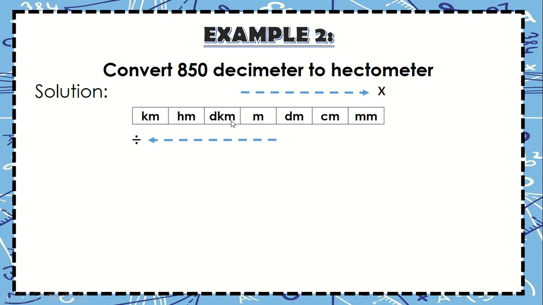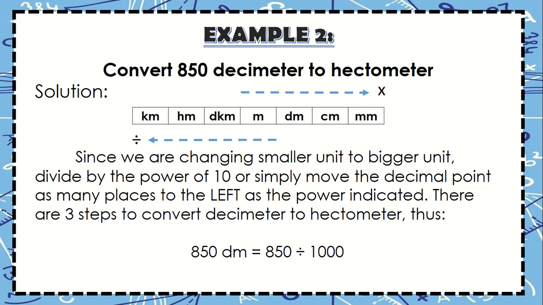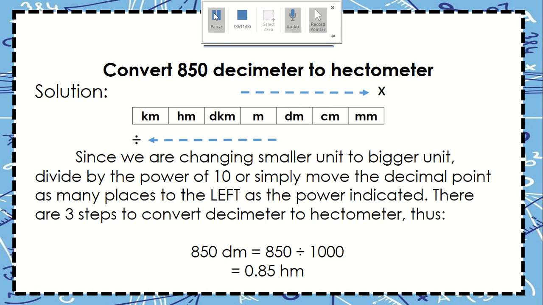So, 10 times 10 will give us 100. Times 10 papunta sa hectometer, we have now 1,000. So, 850 divided by 1,000 will give us 0.85 hectometer. Huwag niyong kakalimutan ilagay yung ating unit.